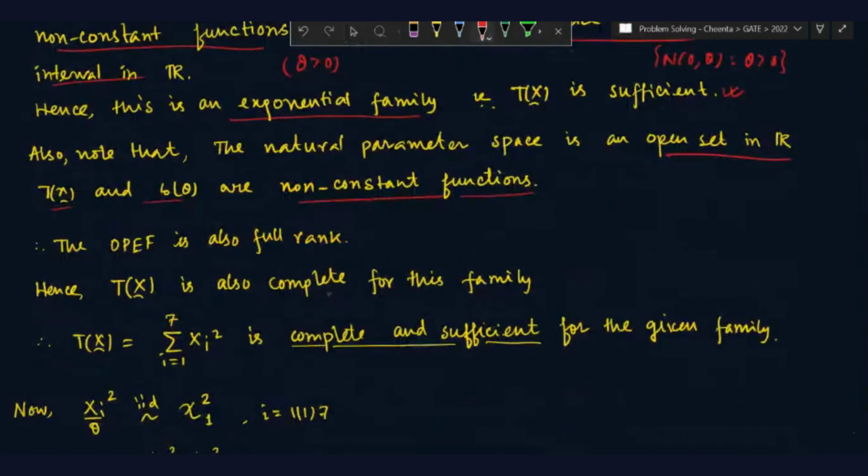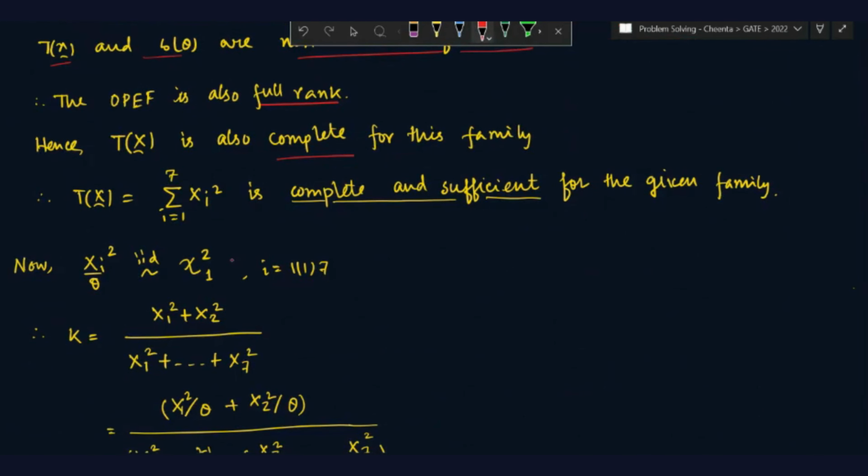Hence the family is also full rank, so we can say that T(x) is also complete for the family normal 0, theta with theta greater than 0. So now we have T(x) equal to summation Xi square, i equal to 1 to 7, is complete and sufficient for the given family.